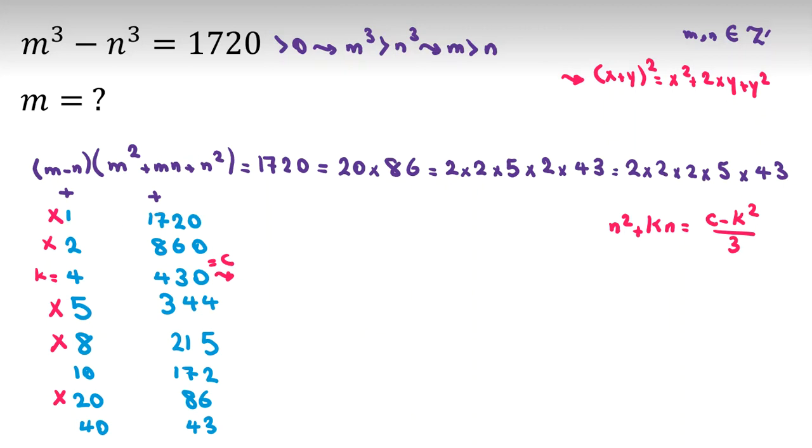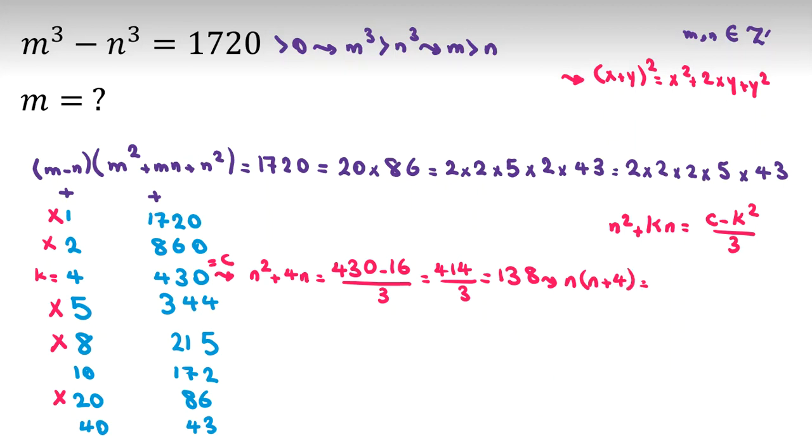Now, let's see this case. n squared plus kn plus 4n equals (c 430 minus k squared minus 16) over 3. It will be 414 over 3, which will be 138. So n times (n plus 4) will be 138.